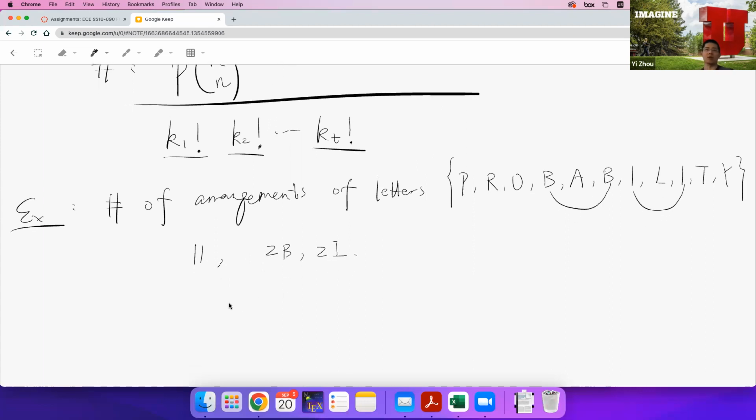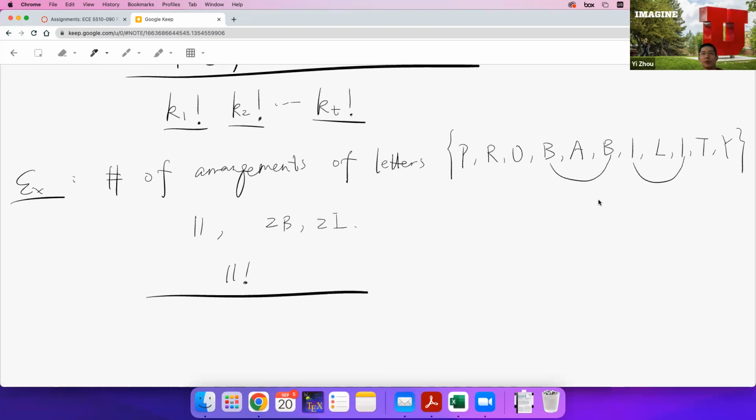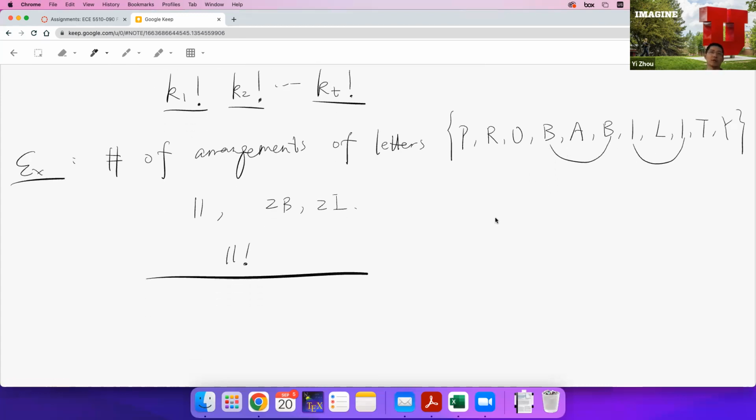So the total number of arrangements is that I first treat these 11 letters differently. So in total, we have this many number of ordered lists. Right? And then I consider the permutations among the same type of letters. We have 2 Bs, so I need to divide it by 2 factorial. And we have 2 Is, I need to divide it by 2 factorial.